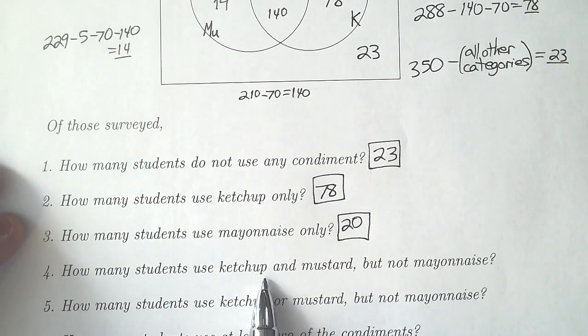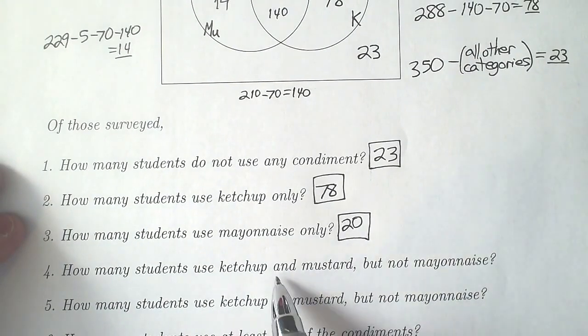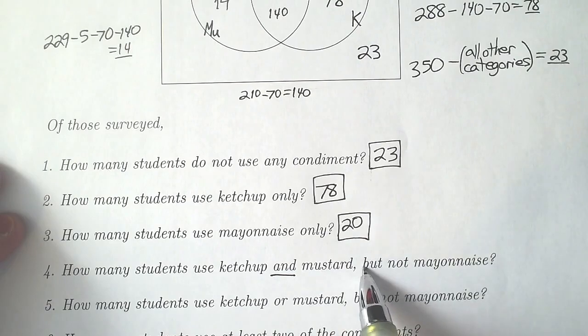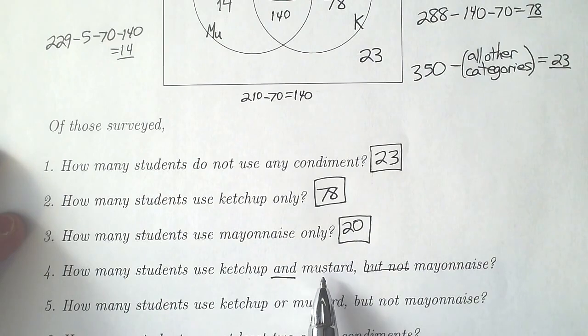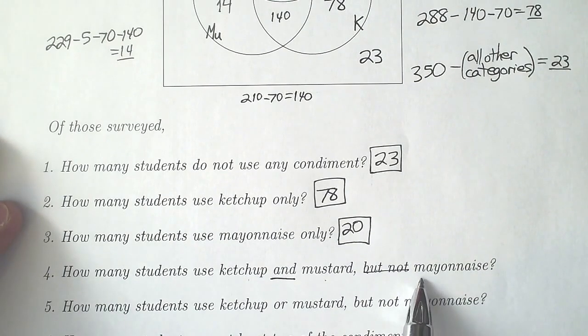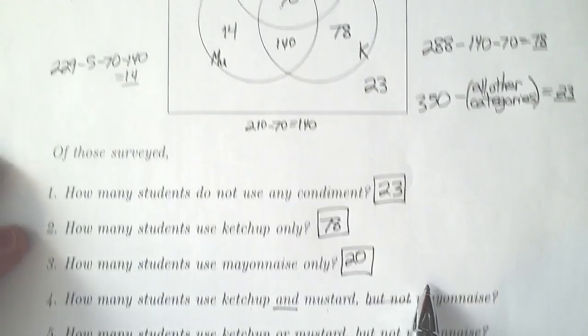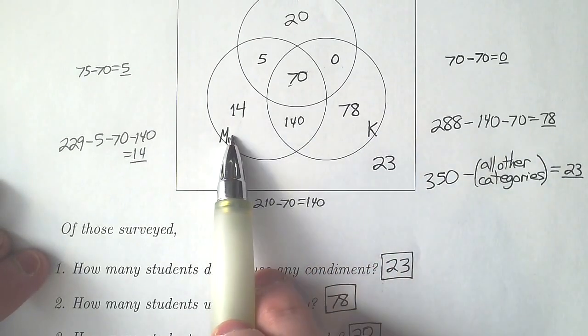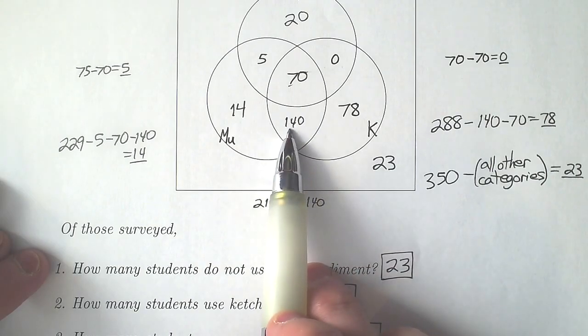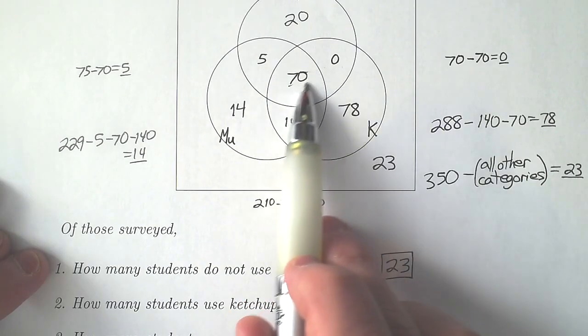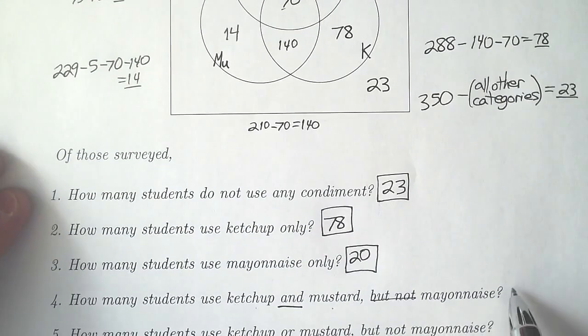How many use ketchup and mustard, I'll underline and, but not mayonnaise? So they're in the circle of ketchup, they're in the circle of mustard, but they're not in the circle of mayonnaise. Here's ketchup, here's mustard. It's this. It's the 140 and not including the 70. 140.